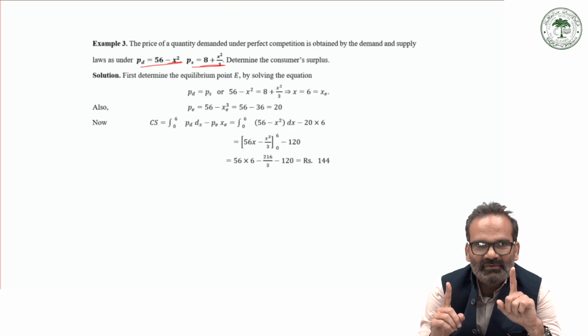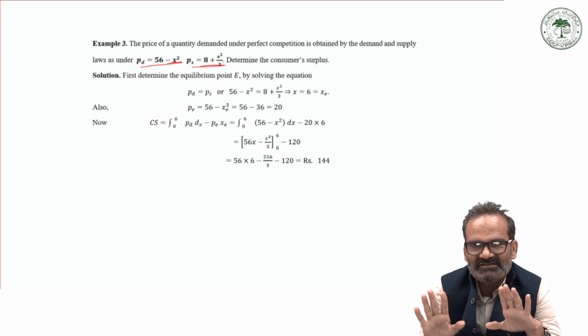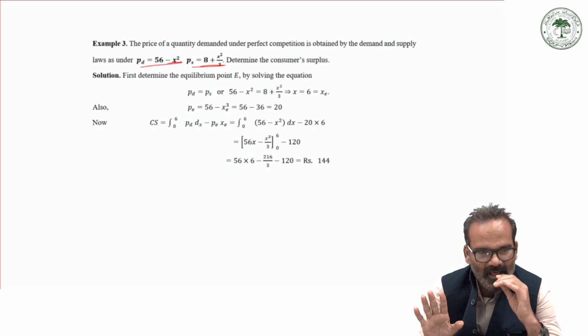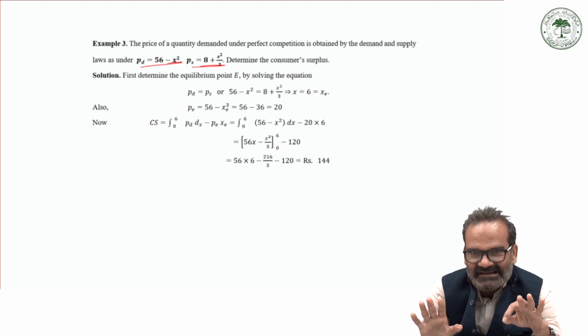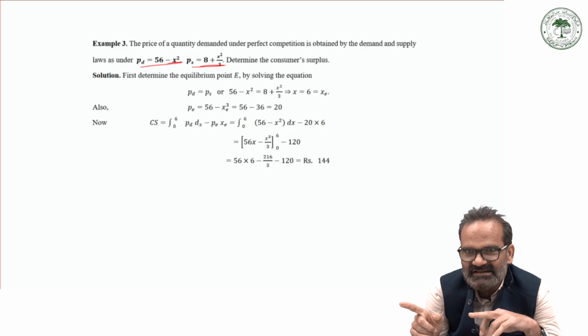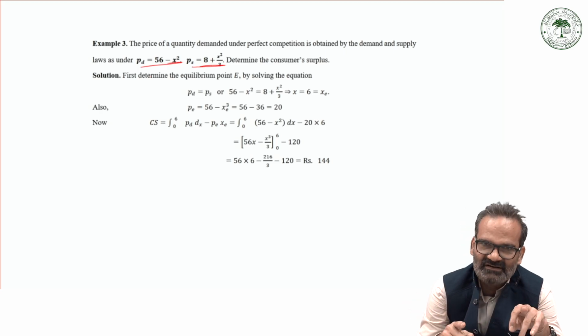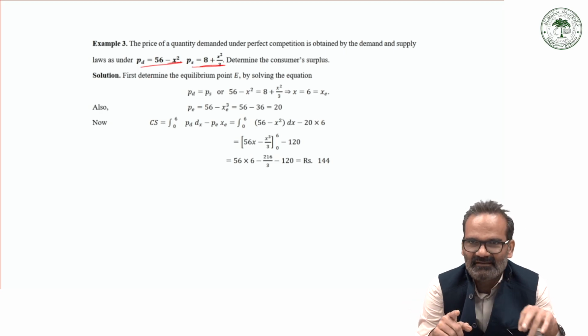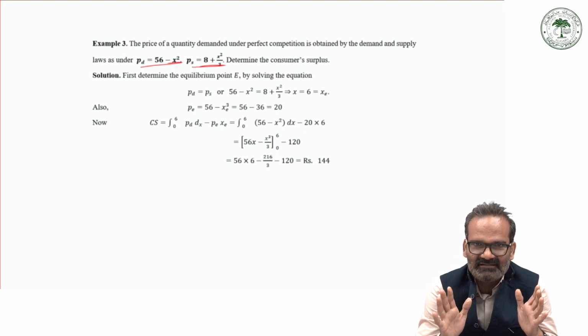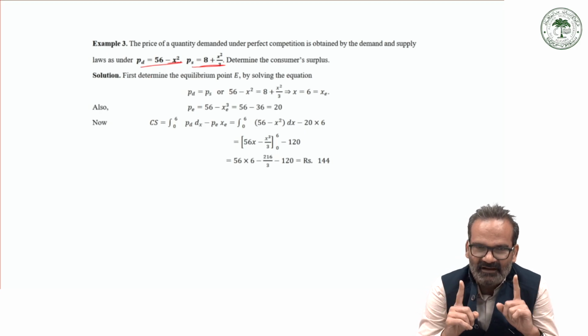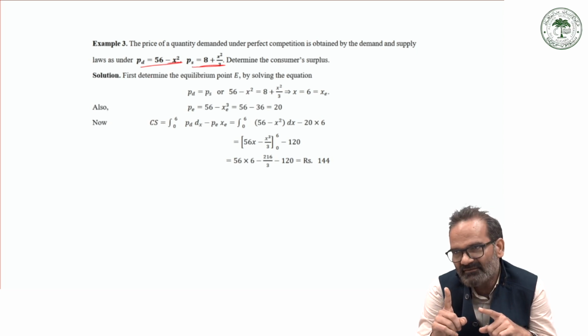Whenever you want to determine the consumer surplus only, then either XE is known or PE is known and the demand function will be given to you, right? Whenever you want to calculate the consumer surplus in general, the demand function will be given, and out of XE and PE only one term will be given.